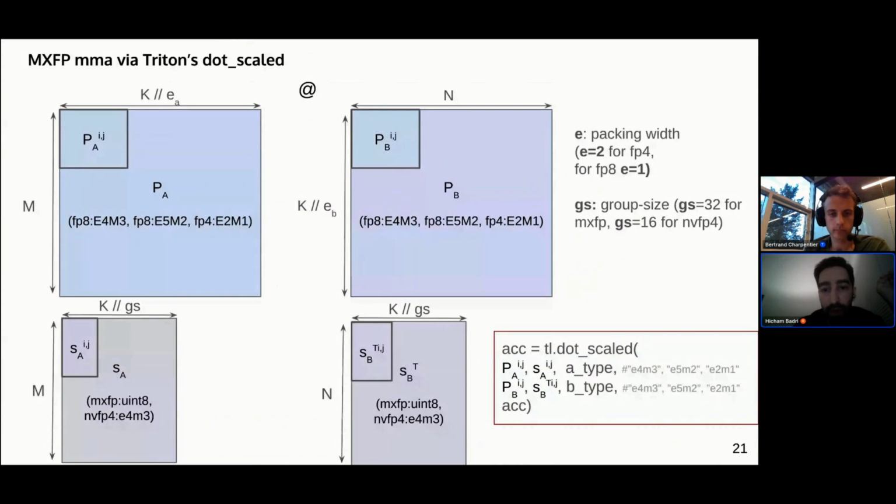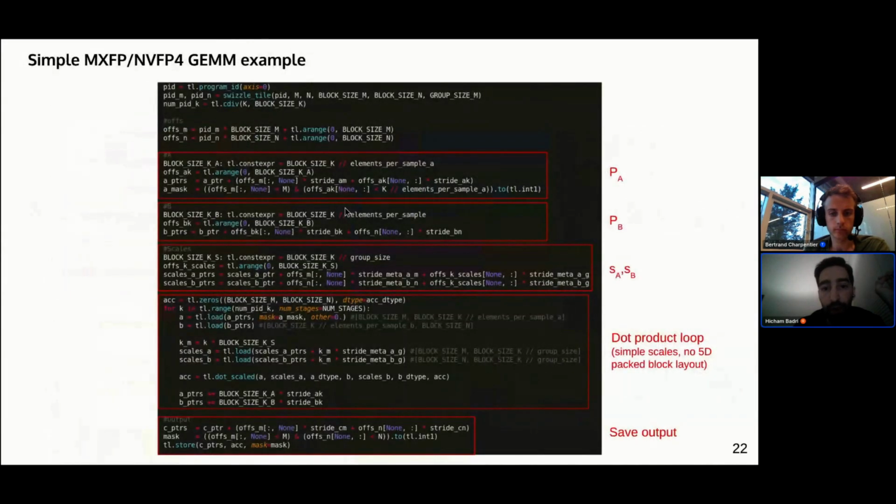One small clarification: this is a very simple way of doing it. There's a more complicated way. There's a 5D layout for the scales that you could use, which would make loading the scales a little bit faster, but I didn't include it here because it's not really worth it.